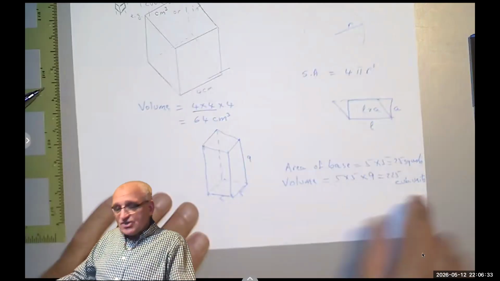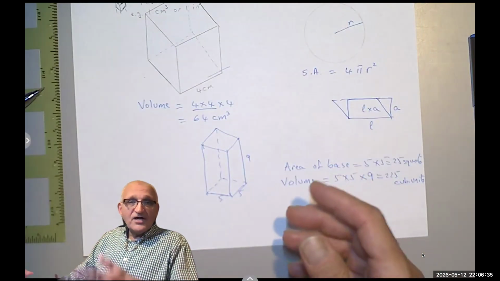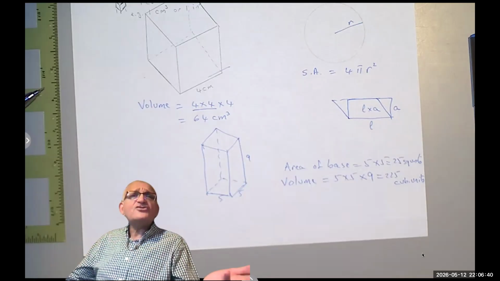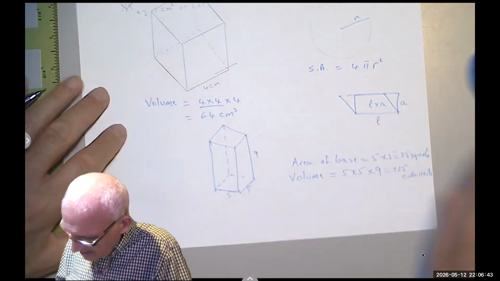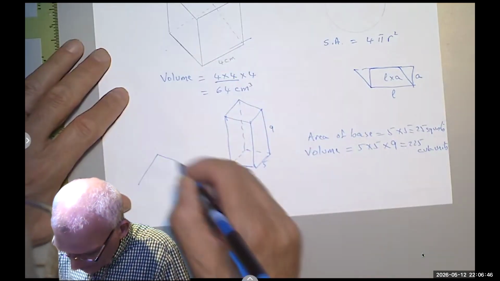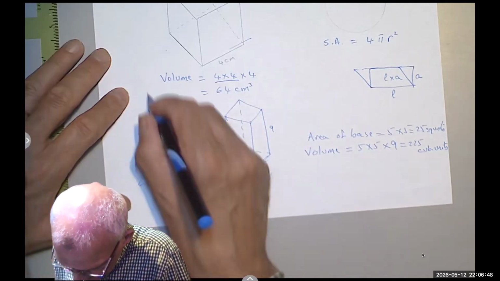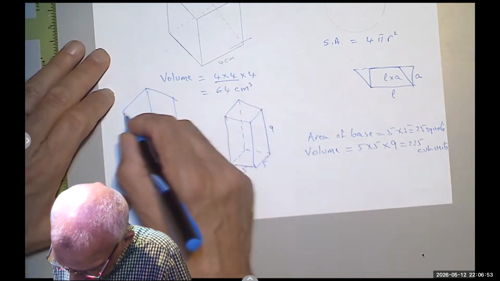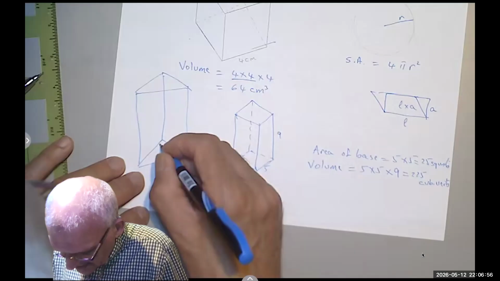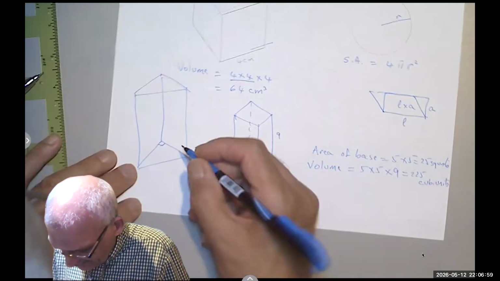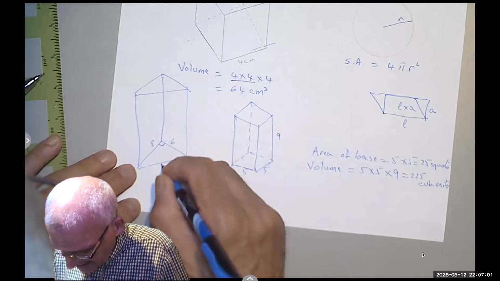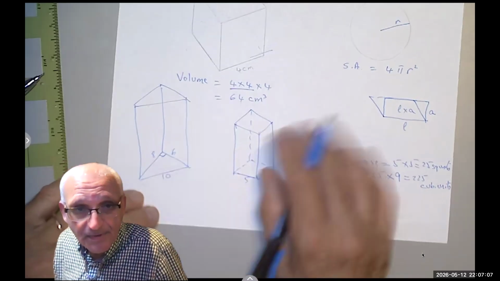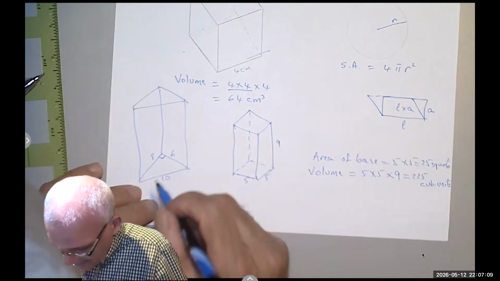So it's so easy to find the volume of either a cube or a rectangular prism, or even a triangular prism. Let's say, here's a triangle. And again, let's say this is perpendicular, and let's make it 6, 8, 10. I don't care about the 10, by the way, but it's just applying the Pythagorean theorem.